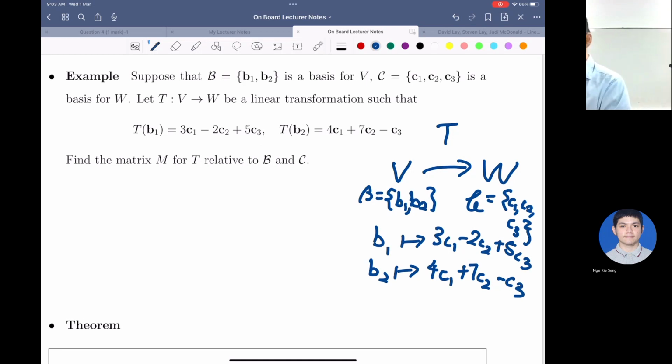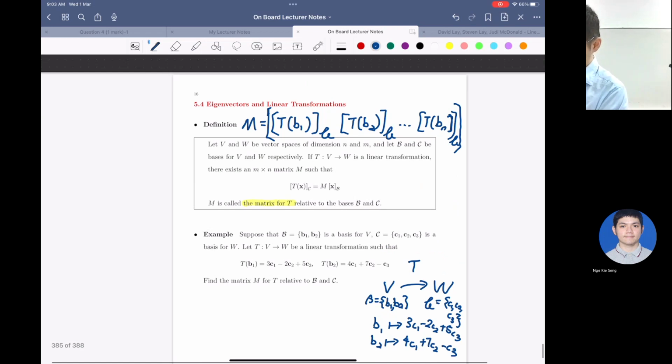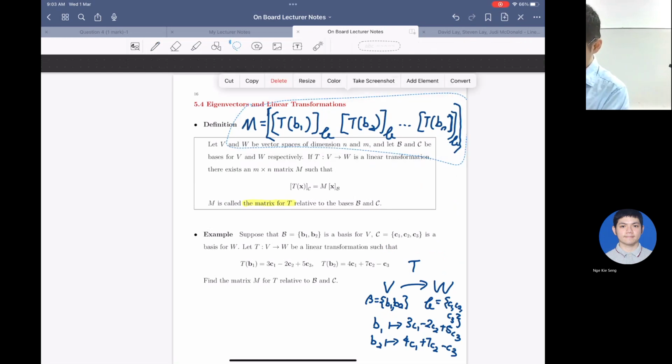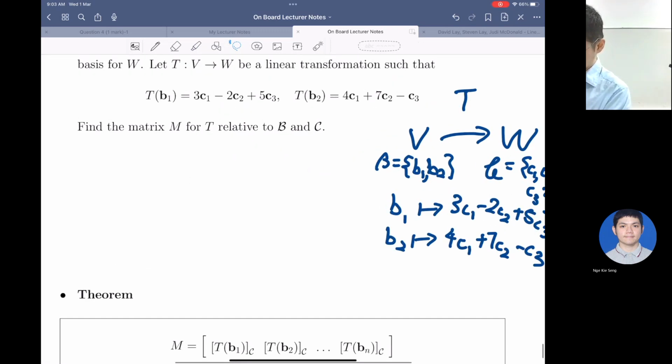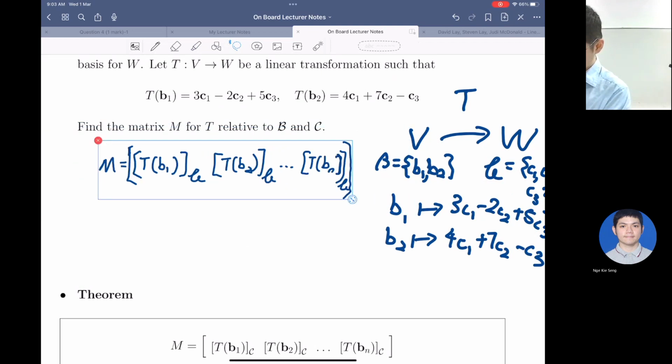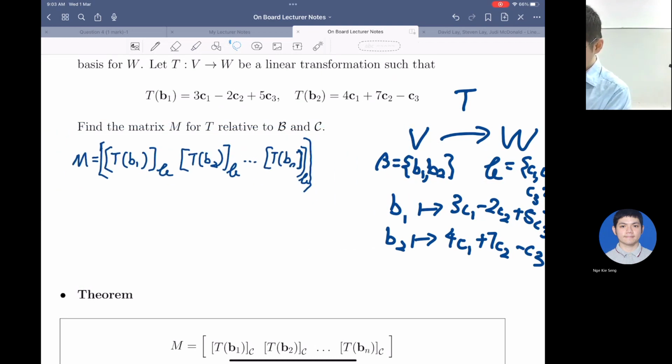Just now, what have we learned? The key is this. If you want to find the M, you need to know what T does to the basis elements.